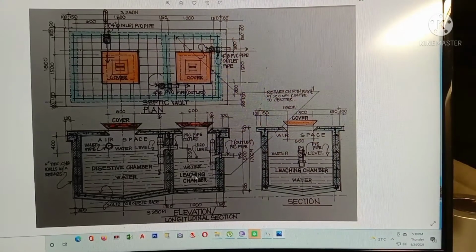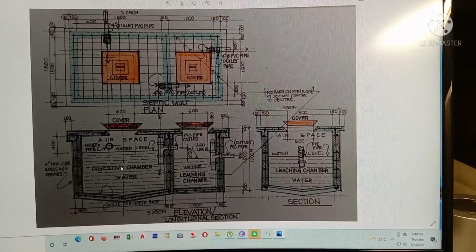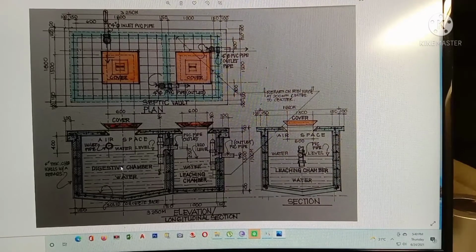Why? Because the water here keeps on turning. Once the water flows, it will produce a cycle. The water will keep on rotating, like a washing machine, because of the current of the water and the volume of water from the second floor, from the higher floor into this septic bowl.